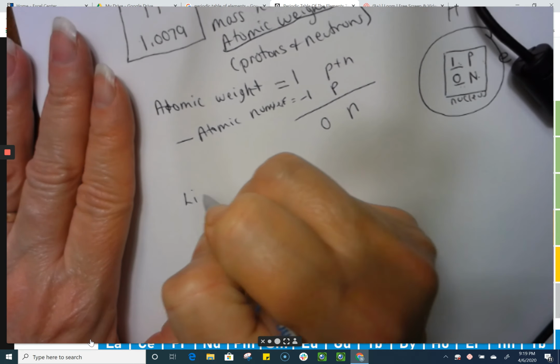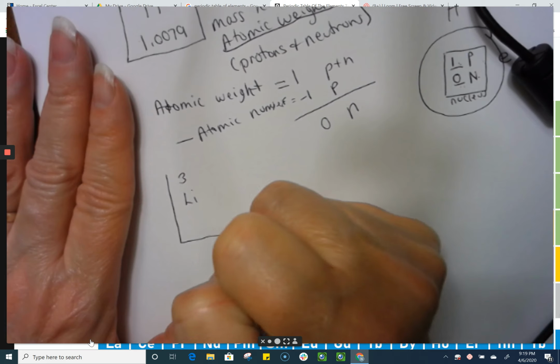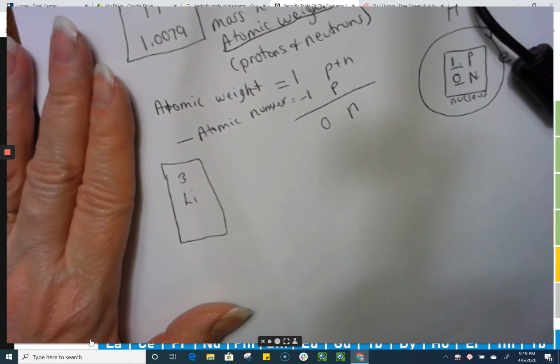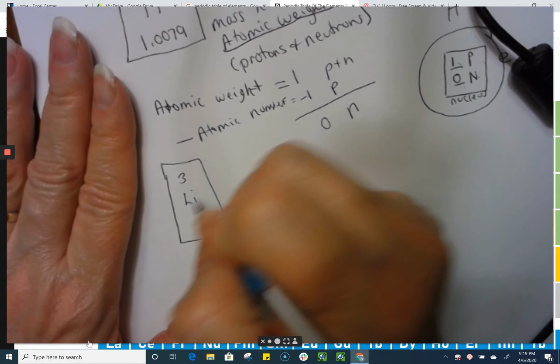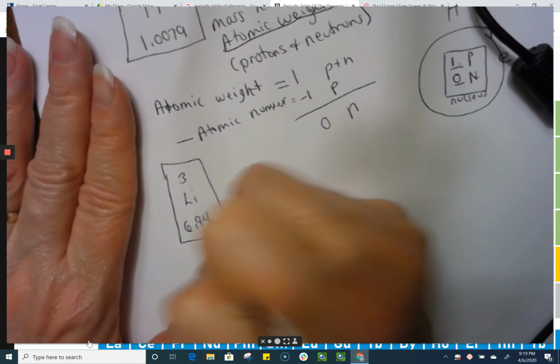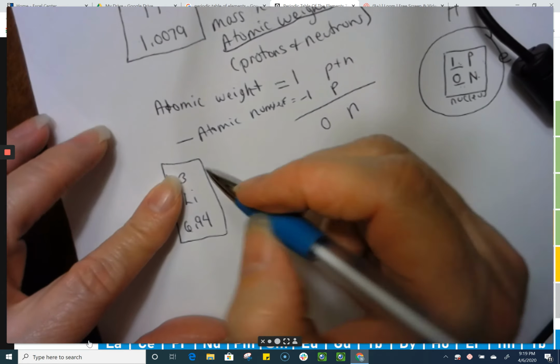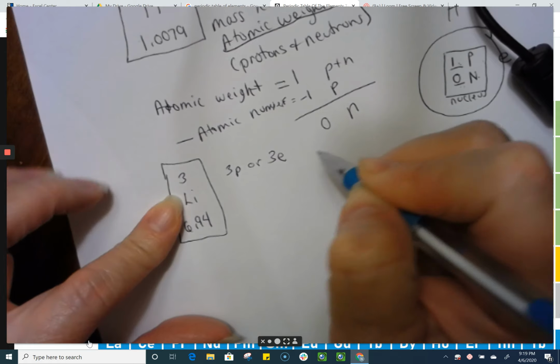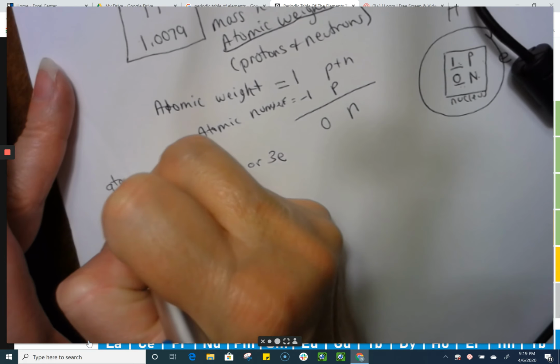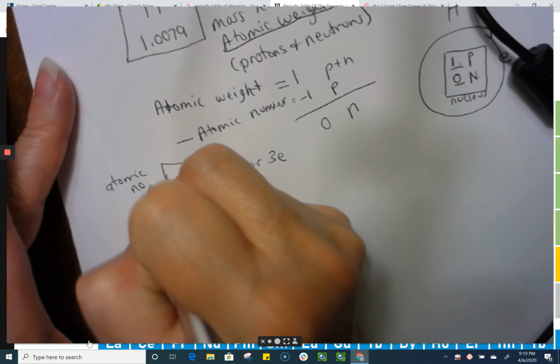Lithium has the atomic number of 3, and its atomic weight is 6.94, which means that lithium has 3 protons, or it has 3 electrons, because that's the atomic number.